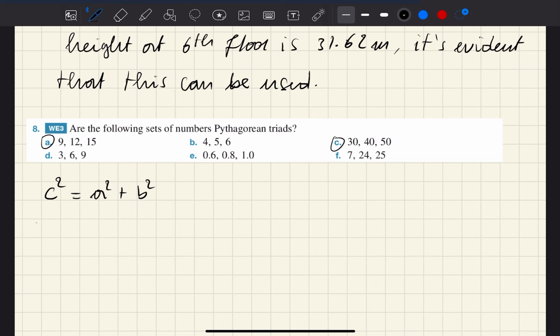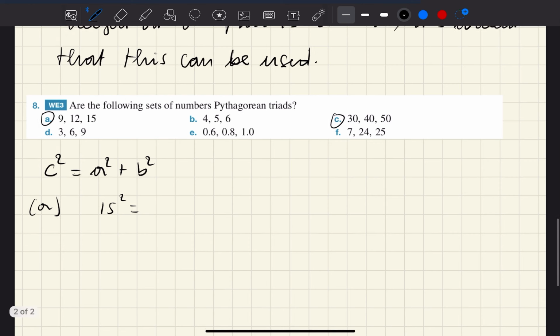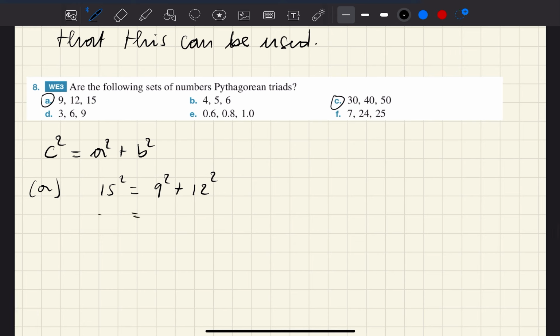So for a, you take 15 squared is equal to 9 squared plus 12 squared. This is what we want to assess. This is 225, and this is 81 plus 144, which is 225.